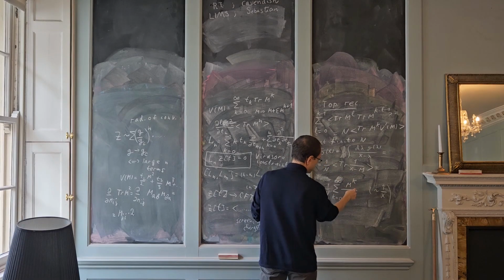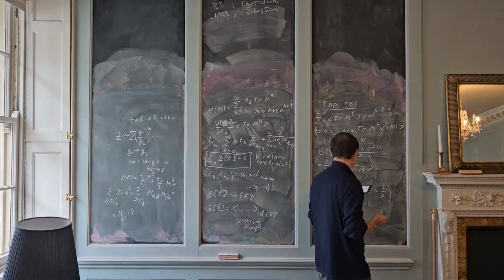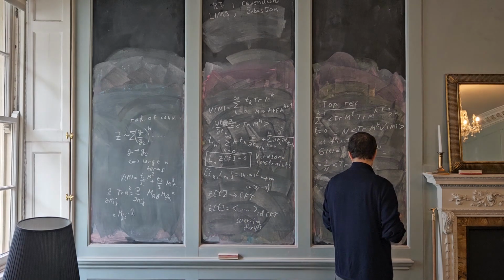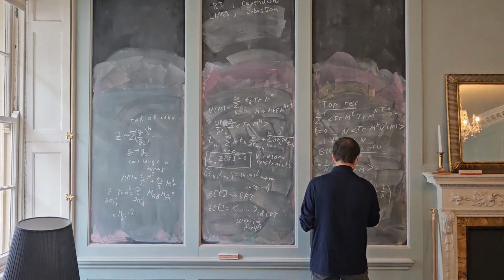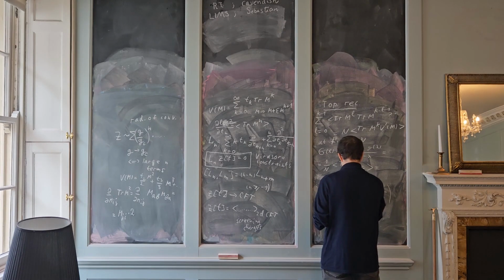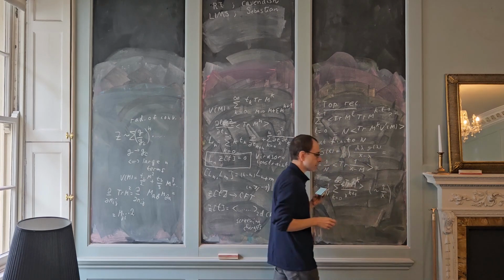So m to the power 0 over x is what we want. Here I should write the expectation value of the trace of m^k. Yes, this is correct.